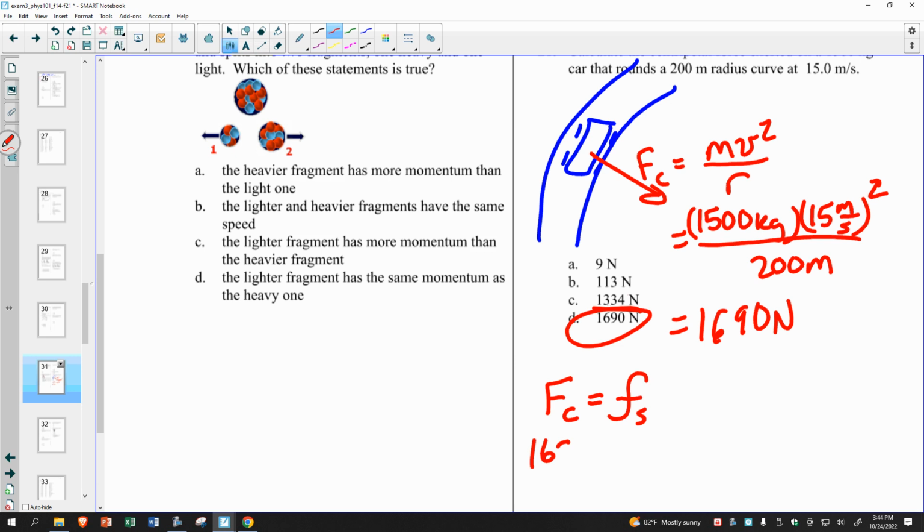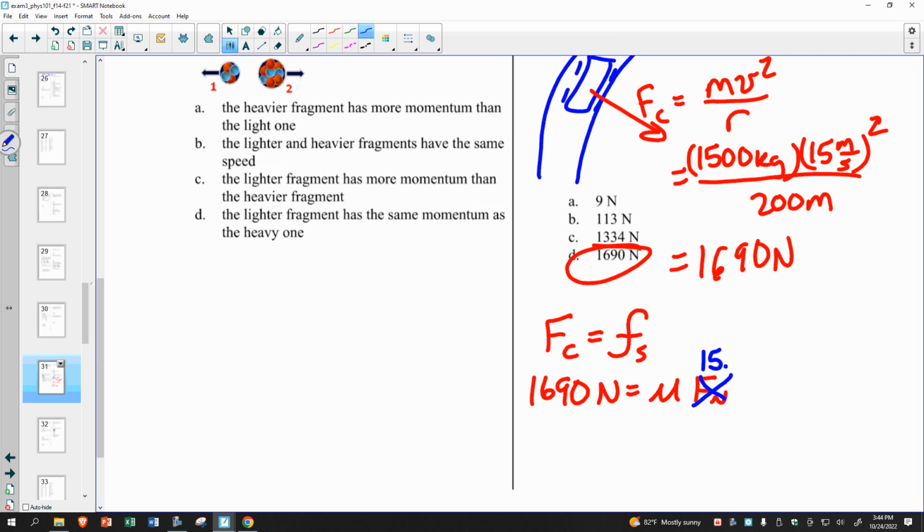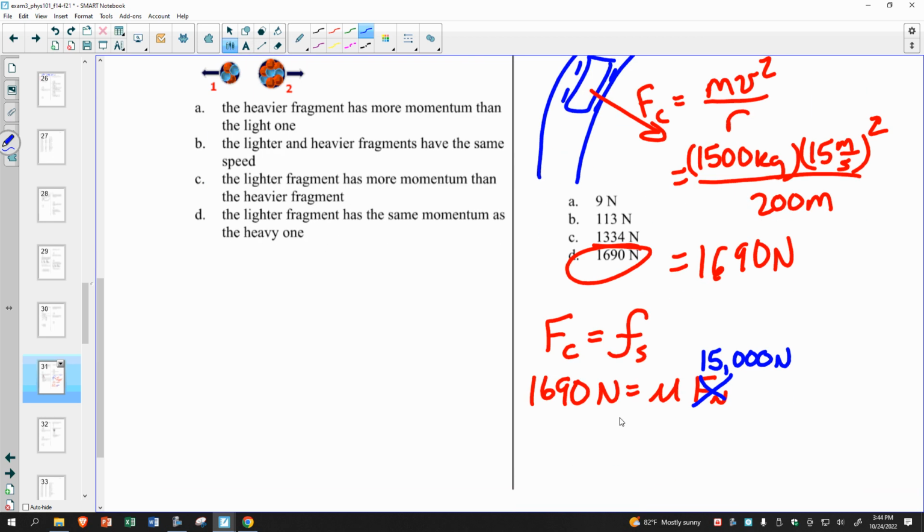So that way our 1,690 newtons would be equal to mu times the normal force. In this case, our normal force is equal to the weight of the car. That would be 15,000 newtons. I just multiplied the mass times 10 to get that weight. And so I could calculate what mu is going to be: 1,690 divided by 15,000 newtons.